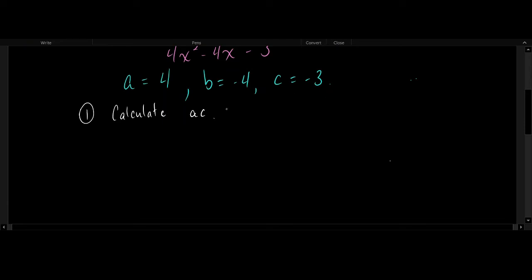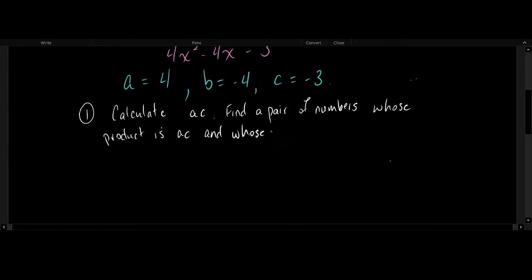And then find a pair of numbers whose product is AC and whose sum is B. All right, now let's apply that step to our particular example.